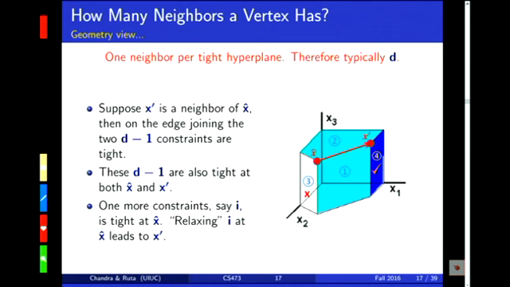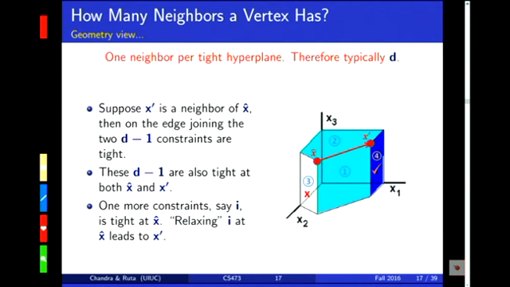So when I'm moving from a vertex, I have to relax exactly one hyperplane while keeping all d minus 1 hyperplanes tight. That's the thumb rule. Tight meaning the constraint holds with equality.